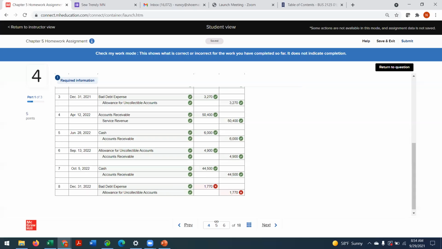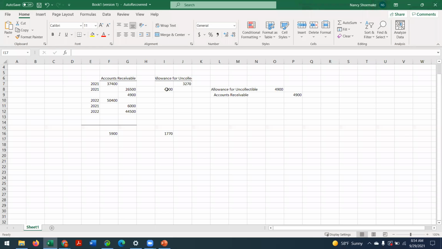Oh, I know what I did wrong. 1,770. So what I did wrong here is I've got to adjust for what's still sitting in this allowance for uncollectibles right here. So I probably need to take this accounts receivable of 5,900 times the percent they said, 1,770.